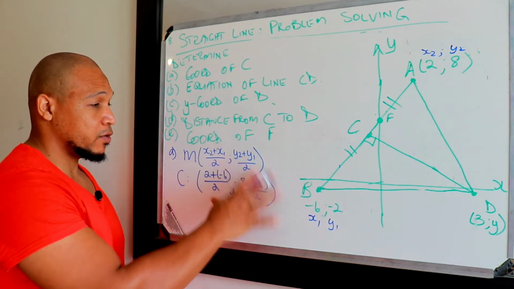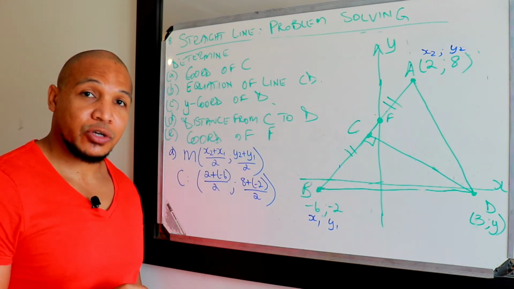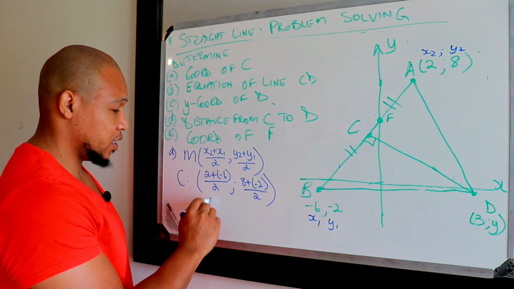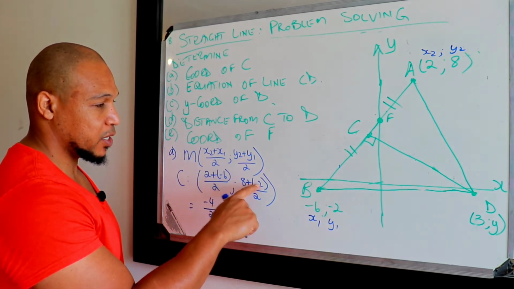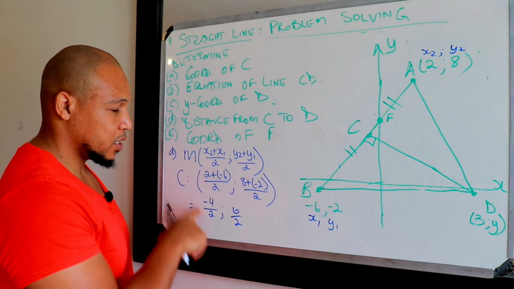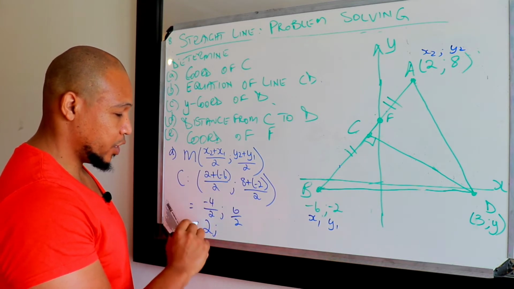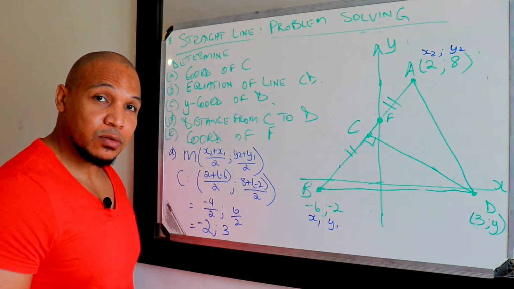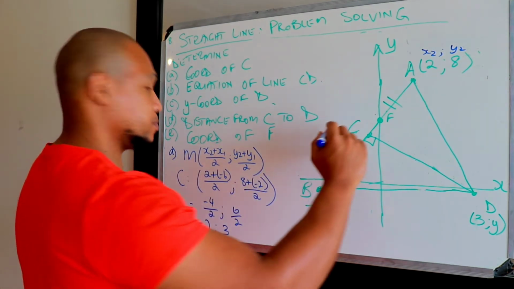Quick tip, when you've substituted and you need to simplify, first simplify and then use a calculator to verify. 2 plus -6 is -4, divided by 2. And for this point, I have 8 plus -2 is 6, divided by 2. So that means my point for C would be -2 for my x value, and then 3 for my y value. And now that I have this, I can write it on my sketch.